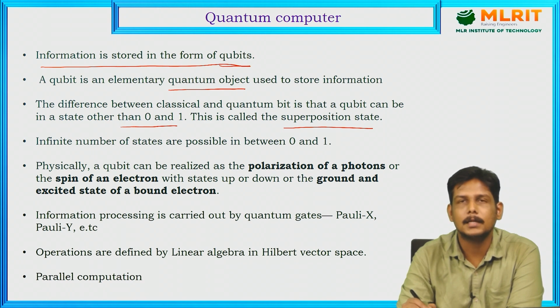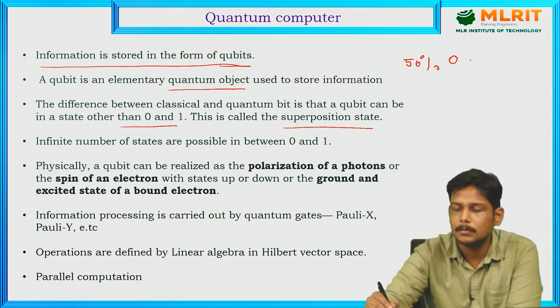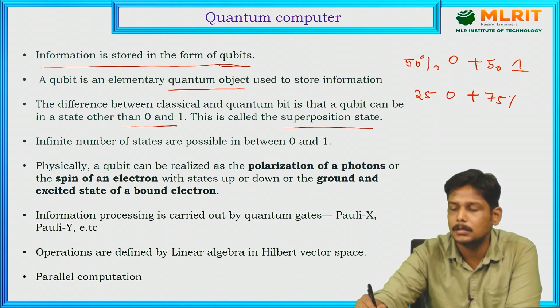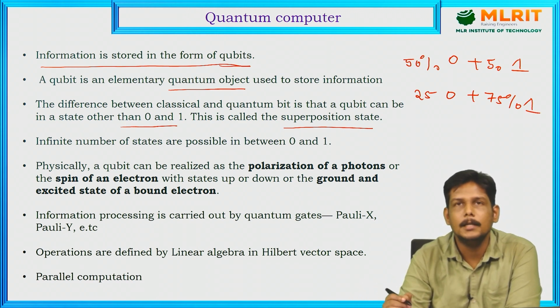These states are fragile and probabilistic in nature. For example, we could have 50% 0 state plus 50% 1 state, or let us say 25% 0 state plus 75% 1 state. These are probabilistic in nature. In this way, in between 0 and 1, an infinite number of states are possible. They are called qubits.